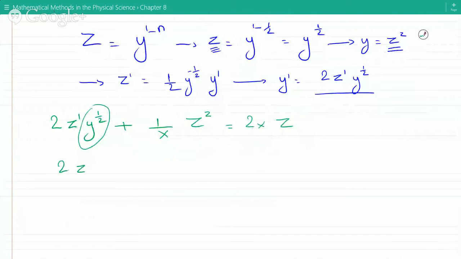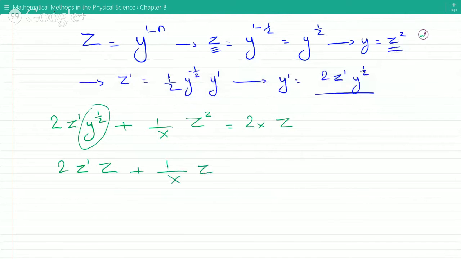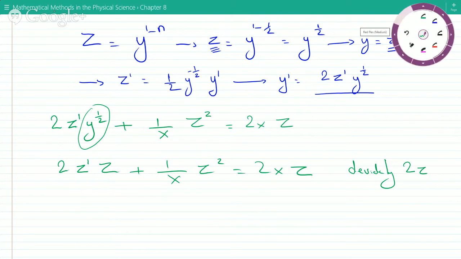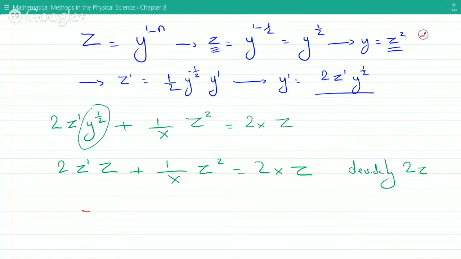So now we can put z here, so it becomes 2z prime z plus 1 over x z squared equals 2x to the 3 halves z. And now we can divide this equation by z. Actually, let's divide by 2z to put it in the standard form in one step. So this becomes z prime plus 1 over x.